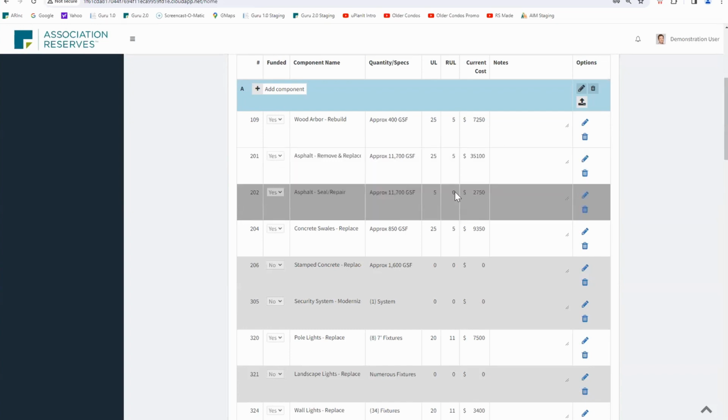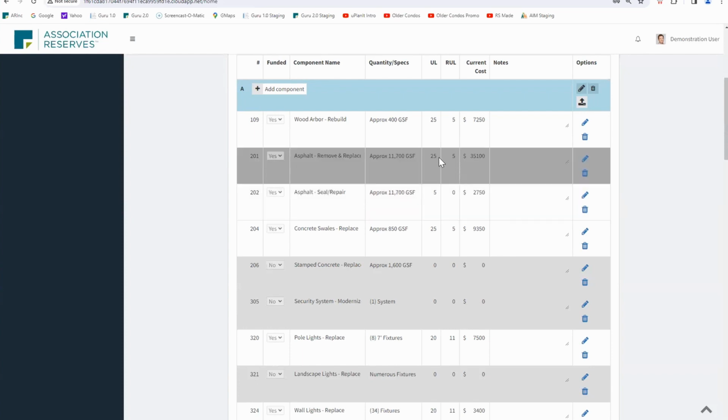So we coordinated some of these components so that it all goes down at once. It does save the association a little bit of money to do it all at once, and it really cuts down on the inconvenience to homeowners, especially when you're dealing with something like asphalt. So that's one way we can be flexible and make sure we're getting a good plan for the homeowners association. Yeah, basically trying to be wise.